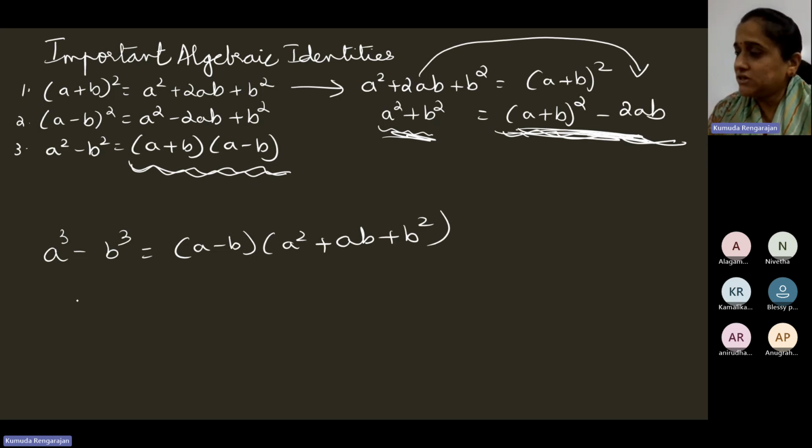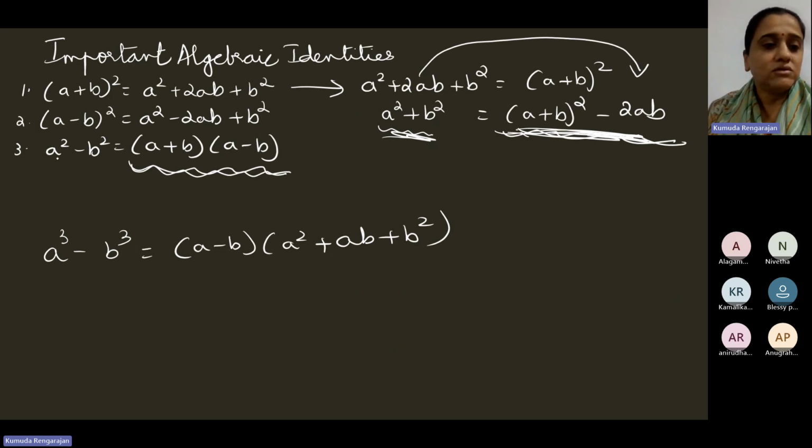If an expression is of the form a cubed minus b cubed, it can be factorized as a minus b into a square plus ab plus b square. These are the two factors of a cubed minus b cubed.